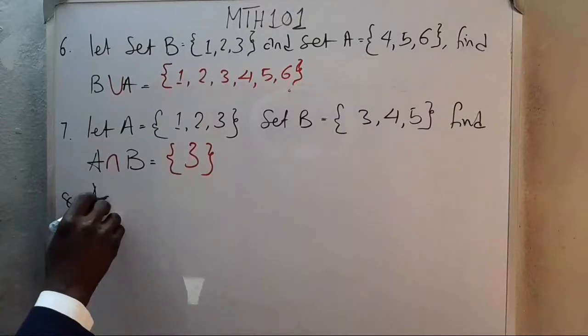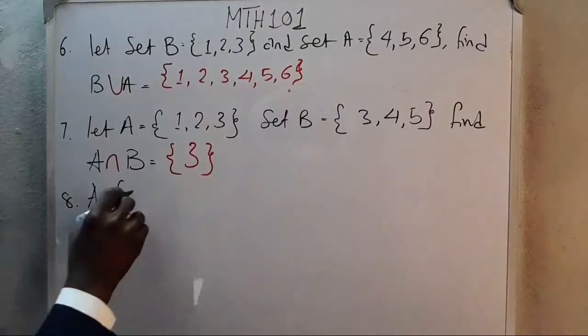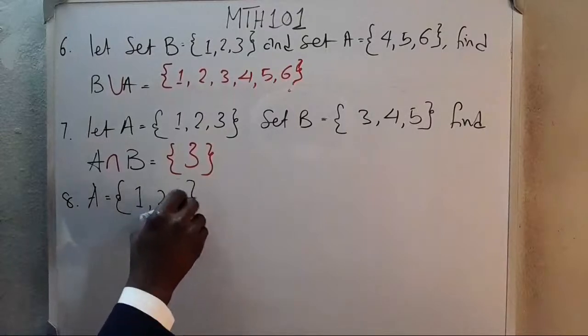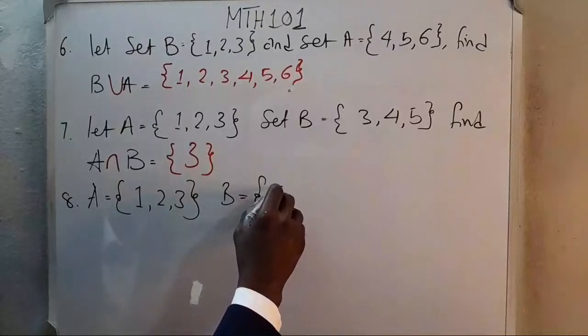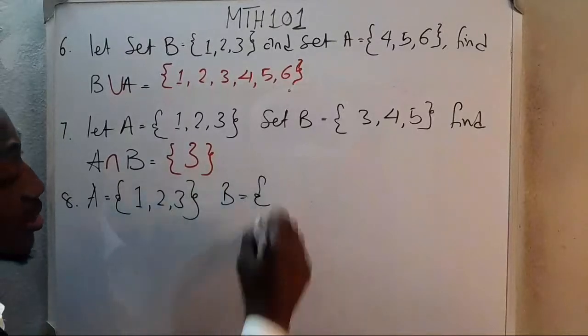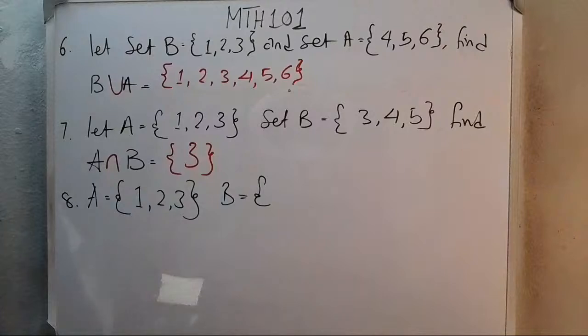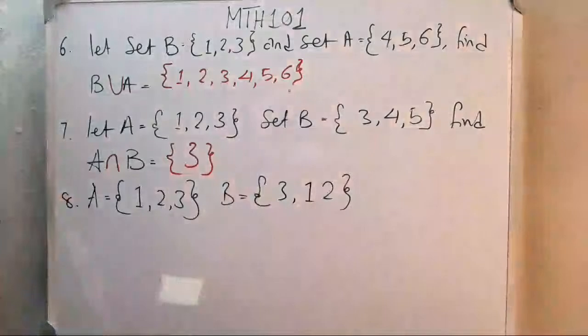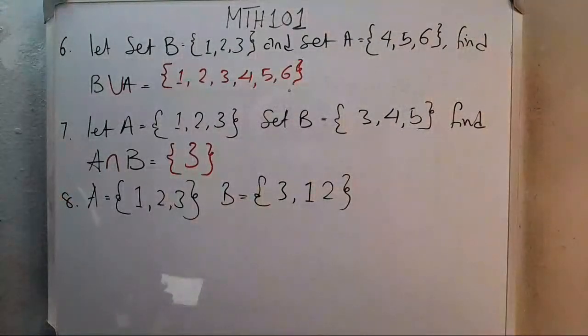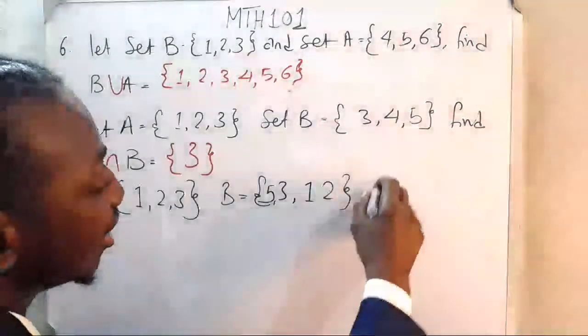So we have set A equals 1, 2, 3, and set B equals 3, 1, 2, 5. So now, what is A subset B?